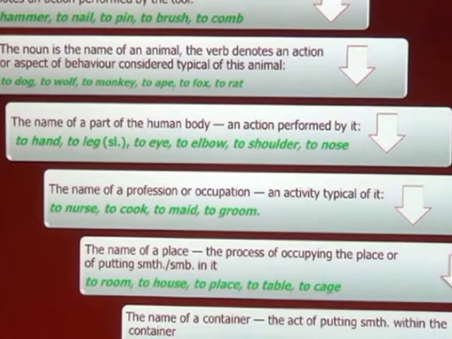The name of a profession or occupation, an activity typical of it. To nurse, to cook, to mate. The name of a place, to room, to house. The name of a container, to can, to bottle, to pocket.